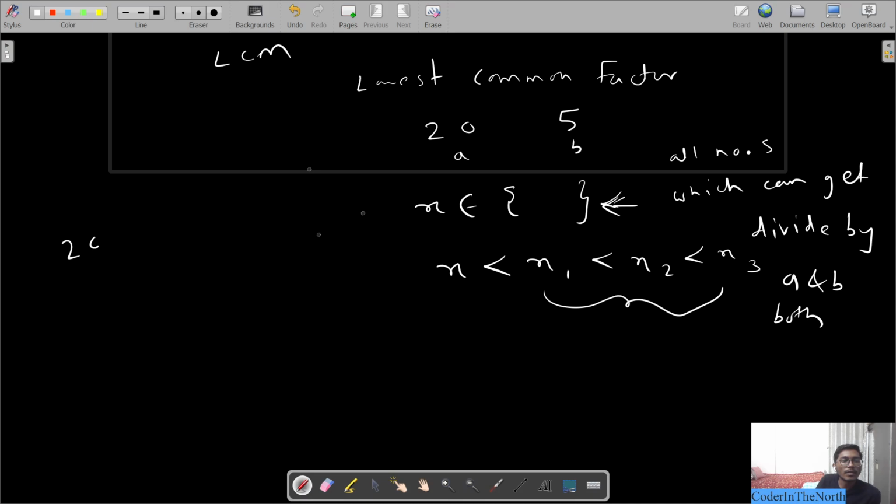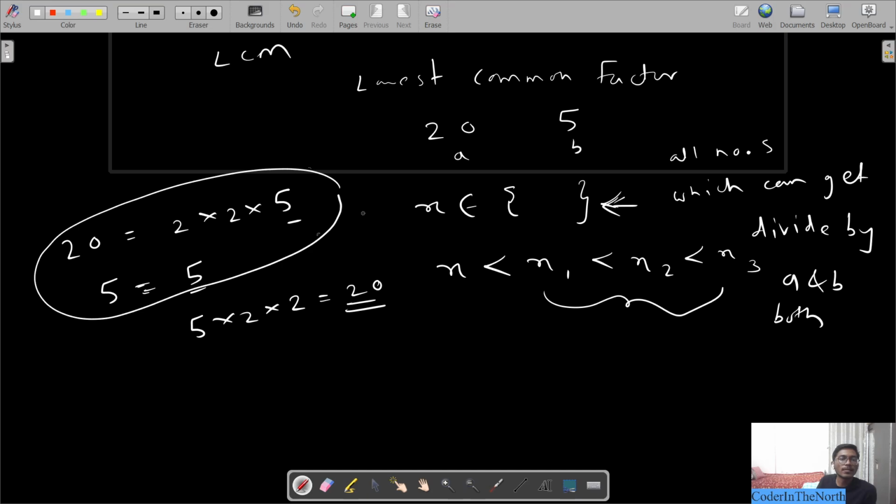So in case of 20, we have the prime factorization like this, and for 5 it was just 5. So it's 5 into 2 into 2, so it is 20. This kind of calculation we already did in high school. When we wanted LCM, we used to take the common numbers only one time and then all other remaining numbers. Let's take 15.